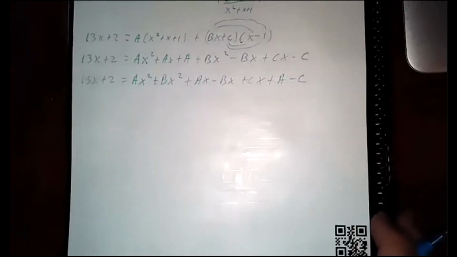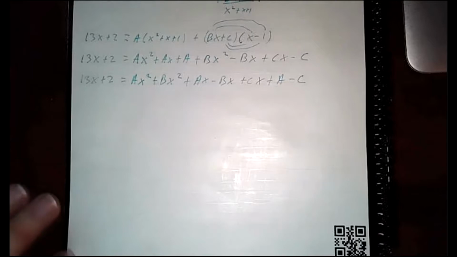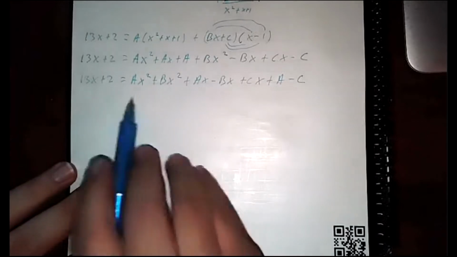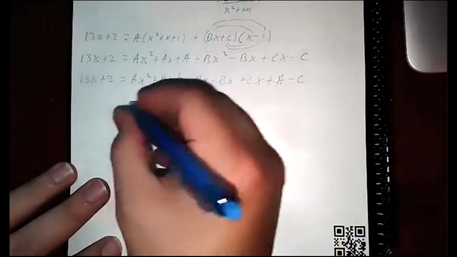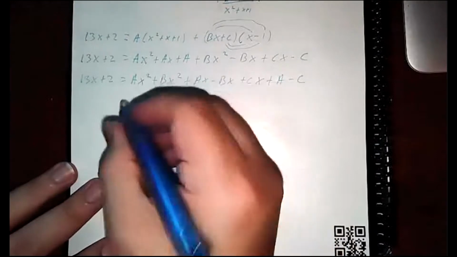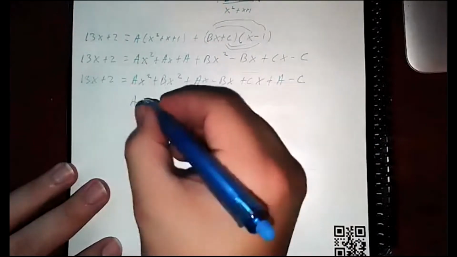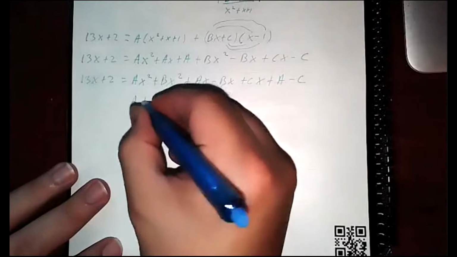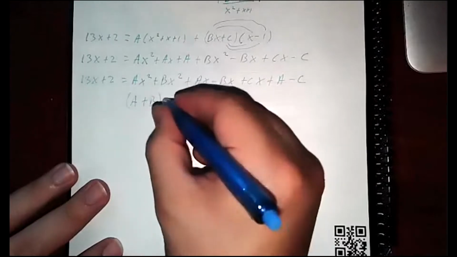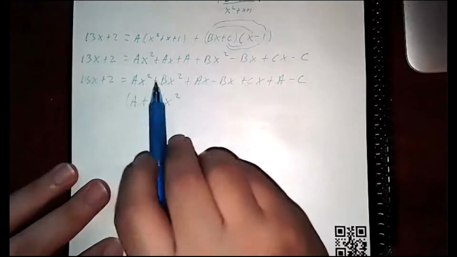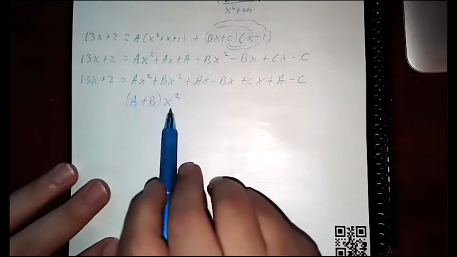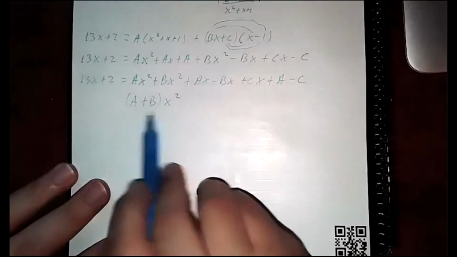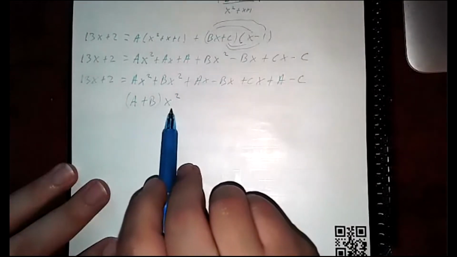Instead of doing Heaviside. All right, so the idea, just to refresh your memory, is you factor out the coefficient. So a plus b is the coefficient of the x squared, right? If you notice, if I pull out the x squared in front, this is some number attached to the x squared, right?